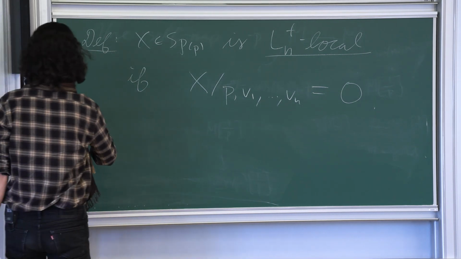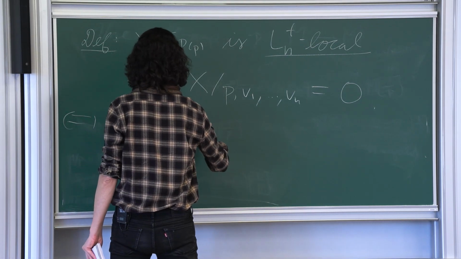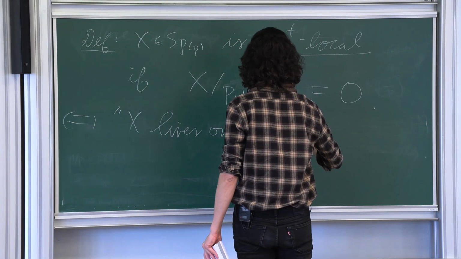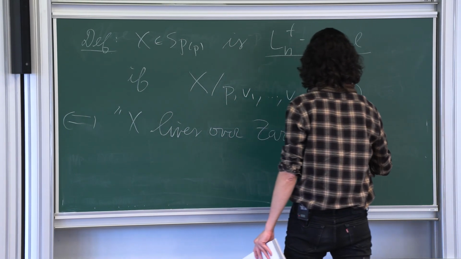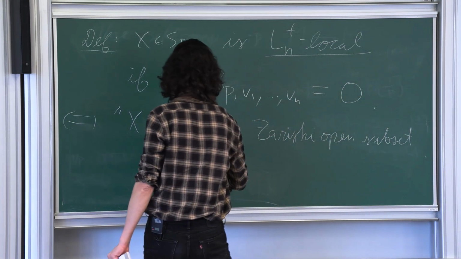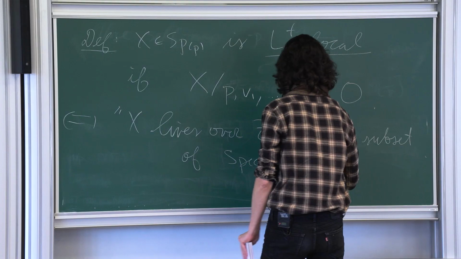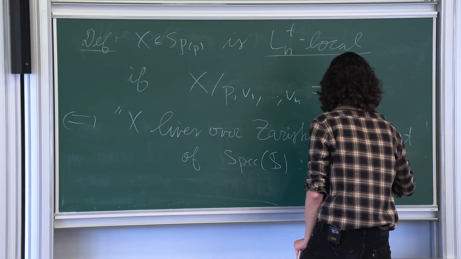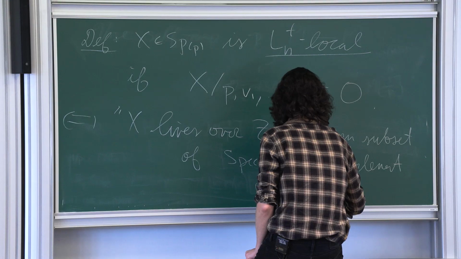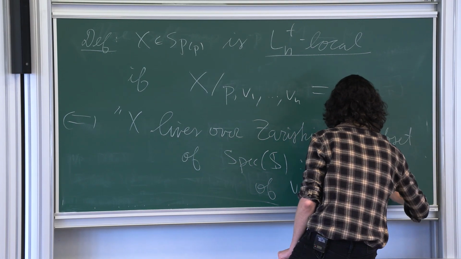So the interpretation would be that x lives over a Zariski open subset of spec S. Namely the complement of the vanishing locus of, so to speak, these functions here.